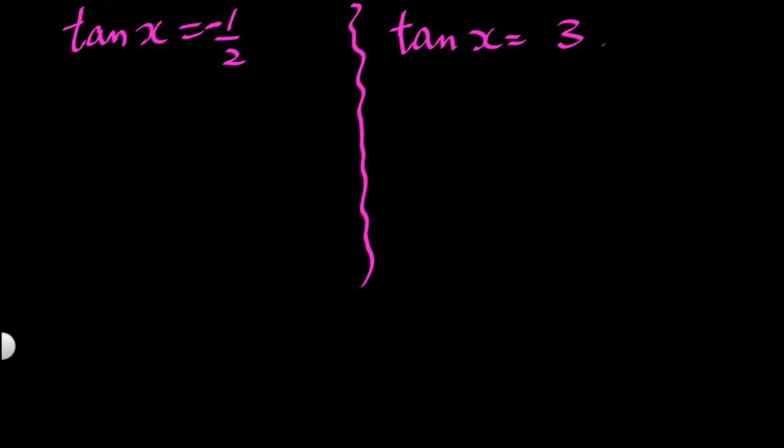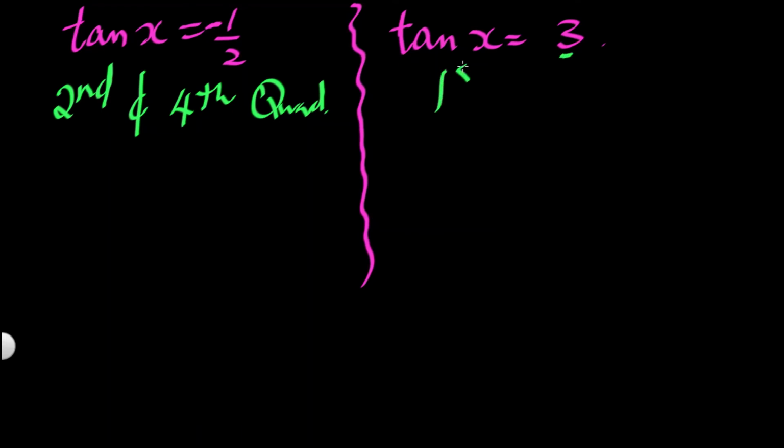Now, if we look at our left-hand side, the ratio is negative. It is minus half, which means we find our answers in the second and fourth quadrant. This is where we find our answers. And on the right hand side, our ratio is positive.